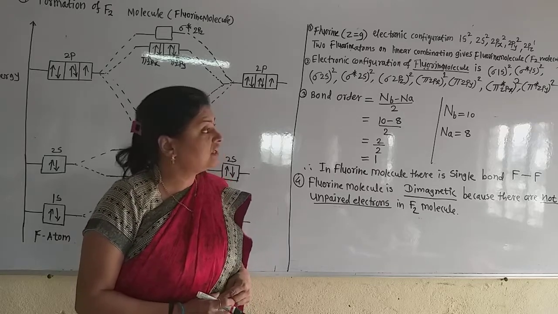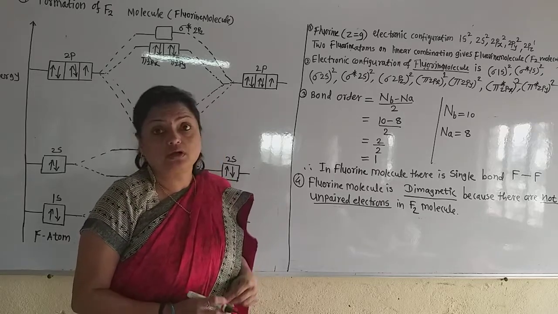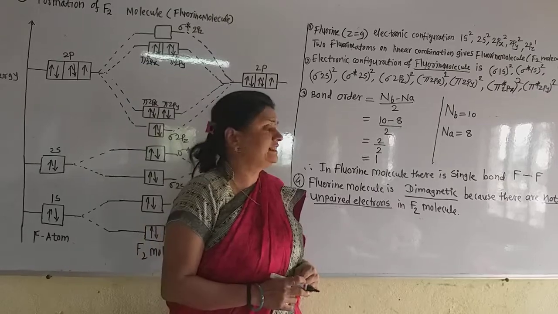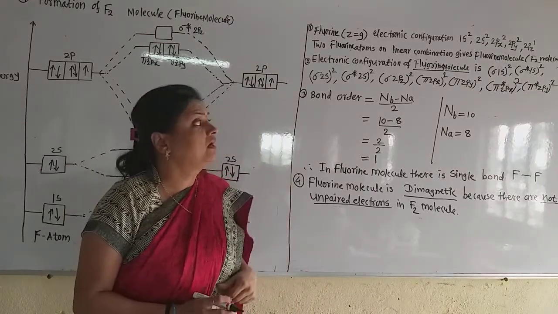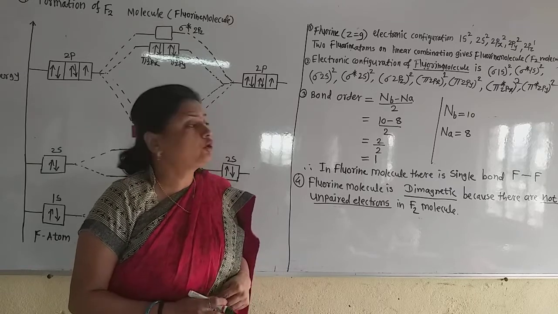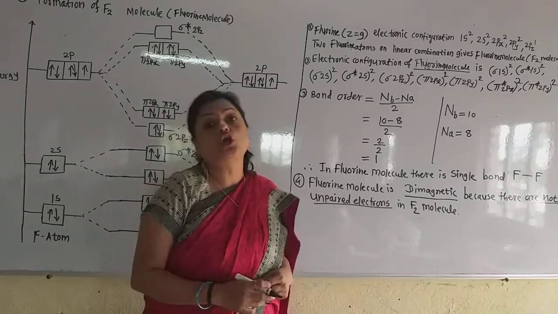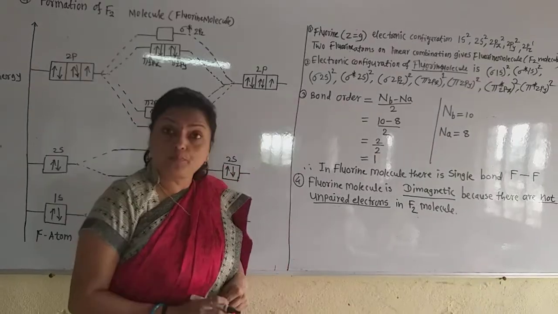But in oxygen these two orbitals contain only one electron, that is, they have unpaired electrons, whereas here all the electrons get paired in all the molecular orbitals of fluorine.